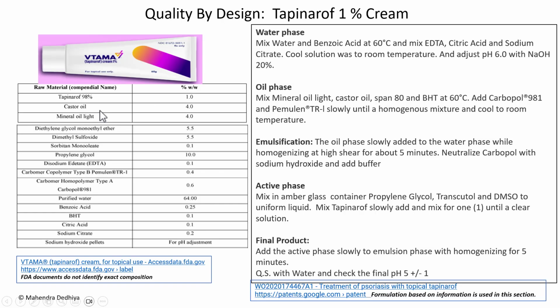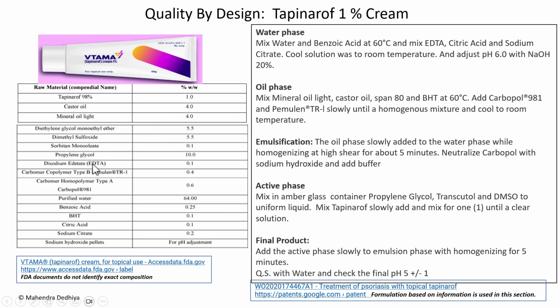Let's look at QBD for drug, tapinarof 1% cream. I've given you formulation here. This formulation does not necessarily come from FDA documents, as FDA documents do not identify exact composition. The active drug is 1%. Oil phase is shown here.